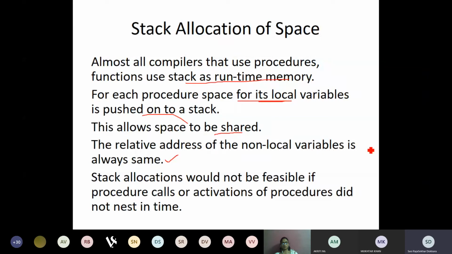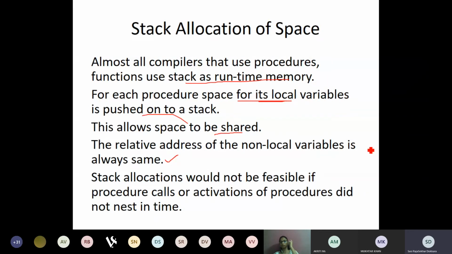Now, what do I mean by procedures do not nest in time? It doesn't happen that two or three procedures will be running at the same time. A procedure A calls procedure B, and once procedure B is finished, it returns back to A, then A starts running.